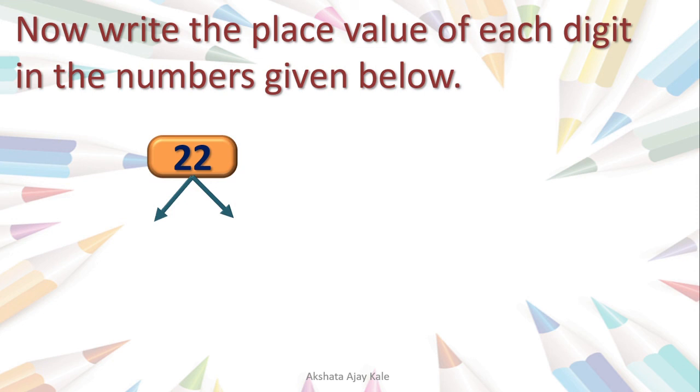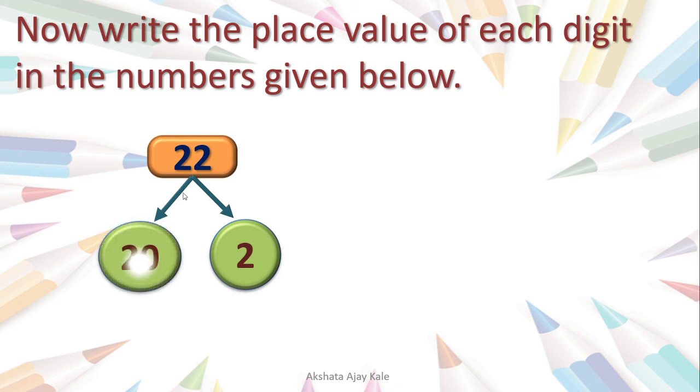The place value of this 2 is only 2. And the 2 to the left hand side, the place value of this is 20. Because this 2 is in unit place and this 2 is in tens place. Got this? How to write? 20 and 2.